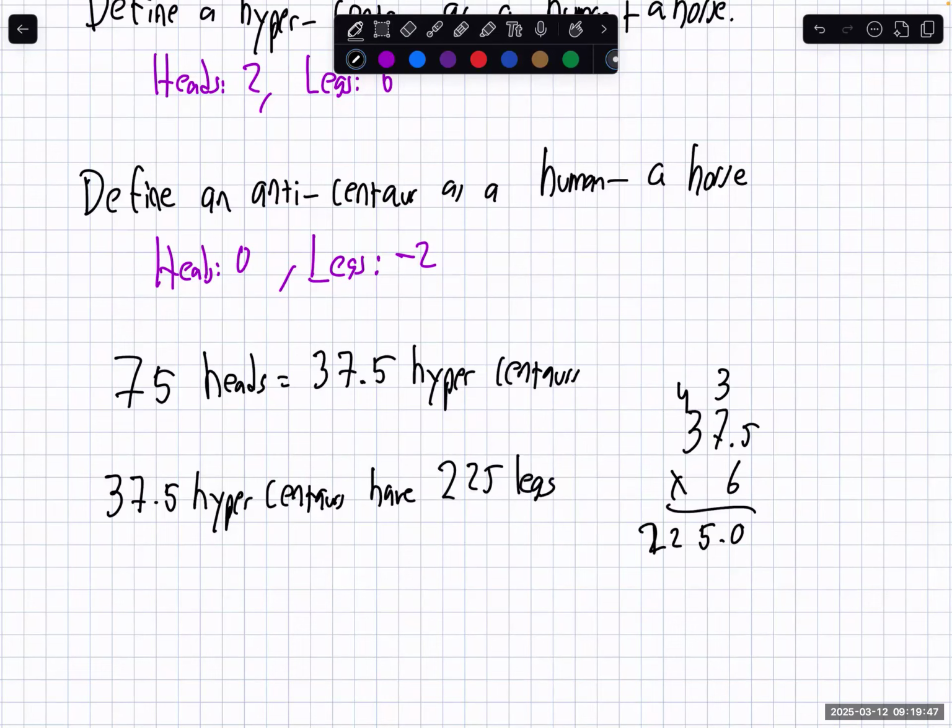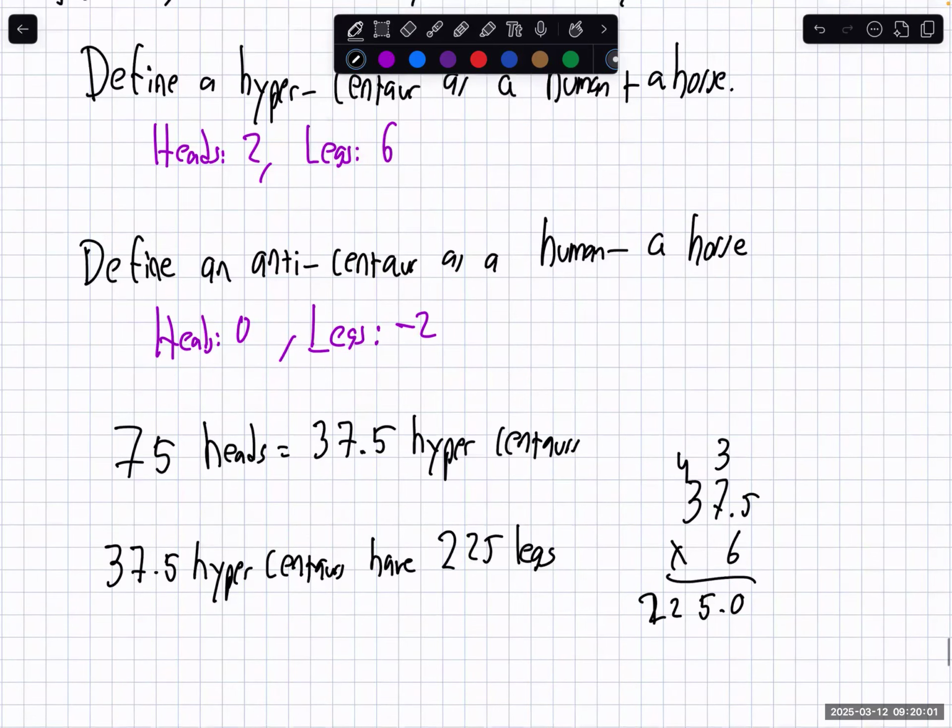So if I just had hypercentaurs, I would have 225 legs. But if I put some anti-centaurs in there, that's going to reduce the leg count. I want 200 legs.